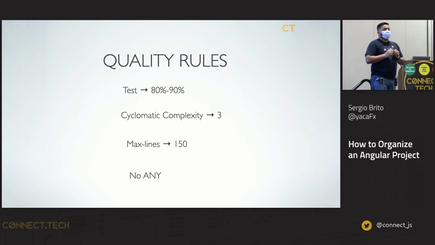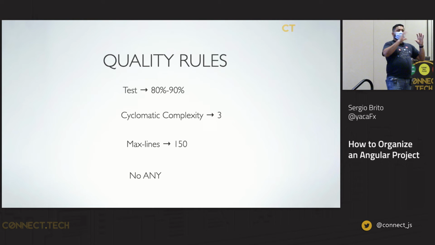What is the main reason that everyone complains against 80 to 90% testing? The false positive tests. For example, when you are doing a test, we can take a sum: you are passing parameter A, parameter B, and you are expecting a variable C, right? So this is the result.